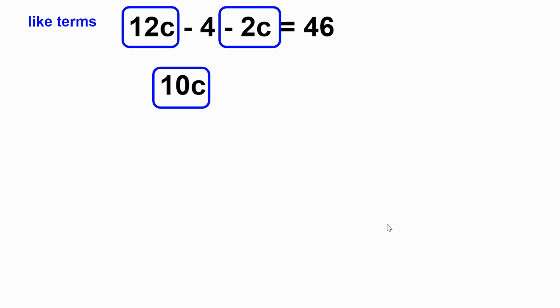We've combined those like terms. But what about the minus 4? Well, there are no other constants to combine, no other numbers, so we just keep it. And it still equals 46. So I did nothing to the other side yet. I just simplified and combined my like terms.